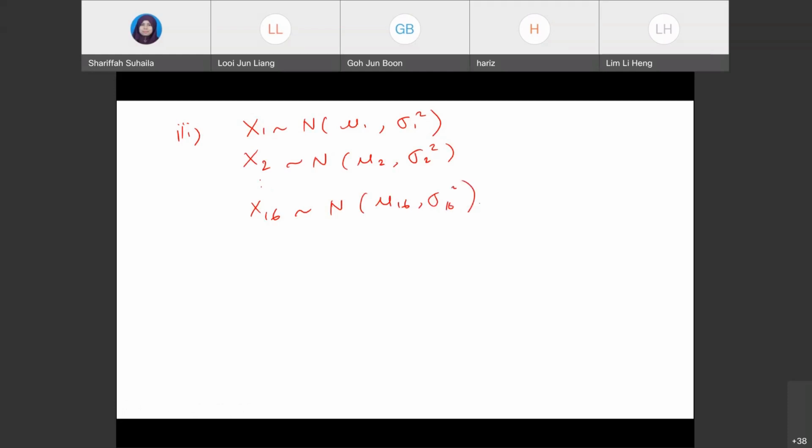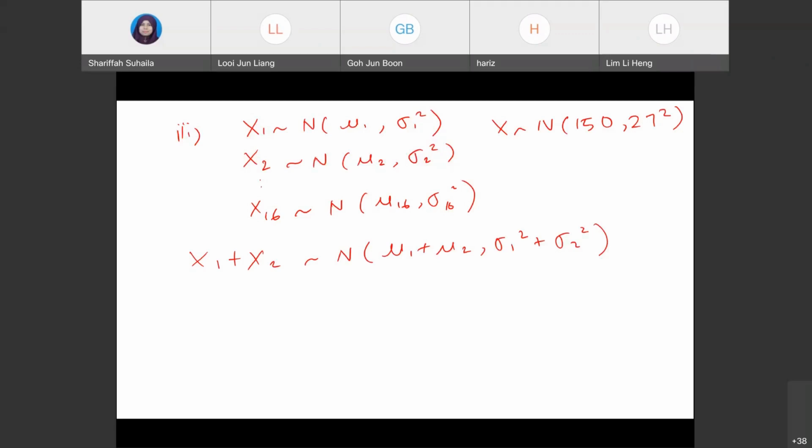But again, you are given the weight of the students as 150 and standard deviation 27, so mu is 150 and sigma square is 27 square. When we add X1 and X2, the properties give mu1 plus mu2 and sigma1 square plus sigma2 square. So you have to add X1 plus X2 up to X16.